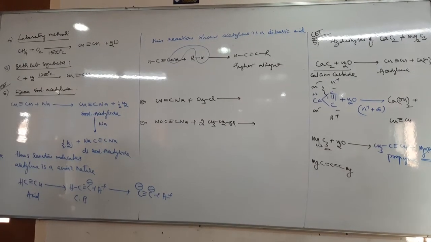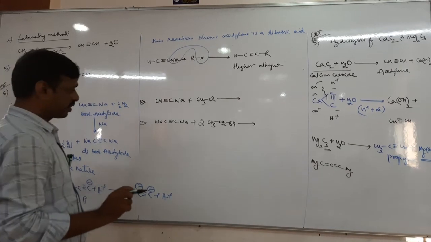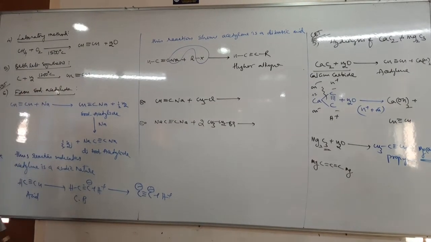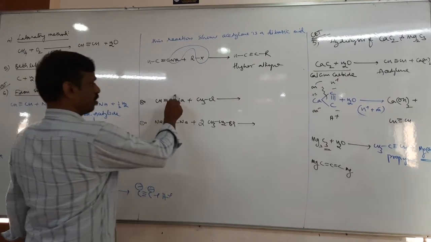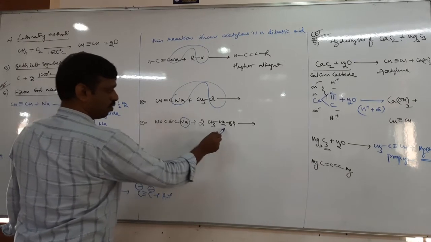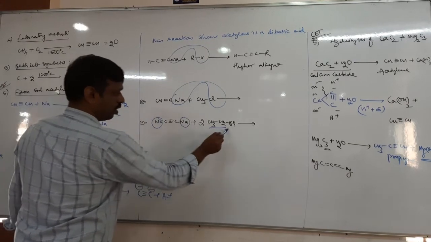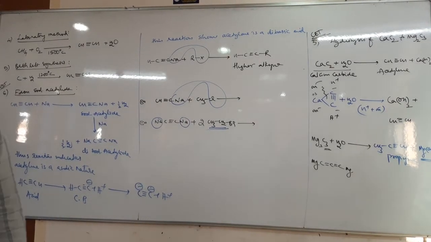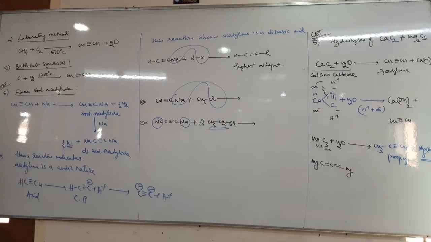Write the product. Here you remove 1 chlorine, 1 sodium. Here sodium, 1 ethyl, sodium, another ethyl. So higher alkynes can be prepared easily.